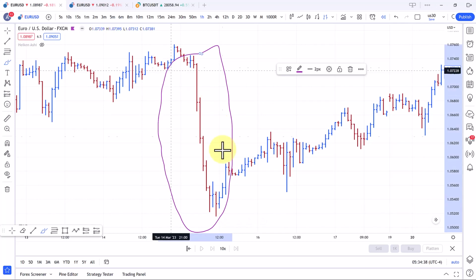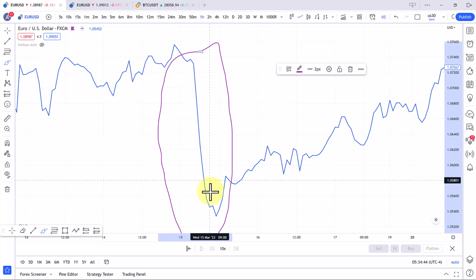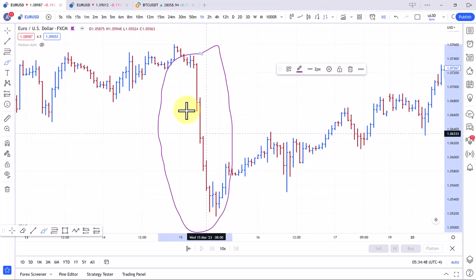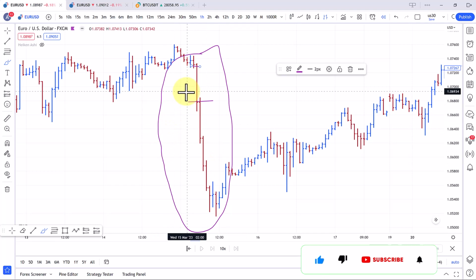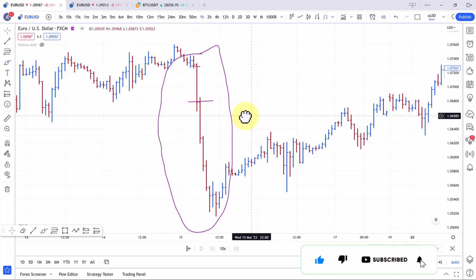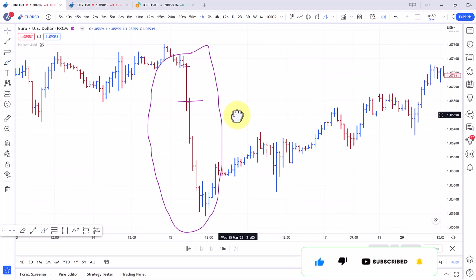For example, here we see this momentum to the downside very visible and graphical, but in line charts it's just a blue line that came down and went upward. Here you can see the opening and closes, and you can see the imbalances, for example here, especially in a graphical and colorful way.